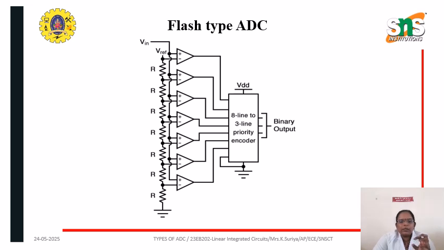The priority encoder produces a binary code corresponding to the highest priority input that has 1. Therefore, the output of the priority encoder is nothing but the binary equivalent, or say the digital output, of the external analog input voltage Vi. This is the working of the flash type ADC.